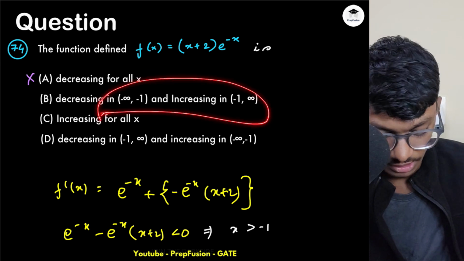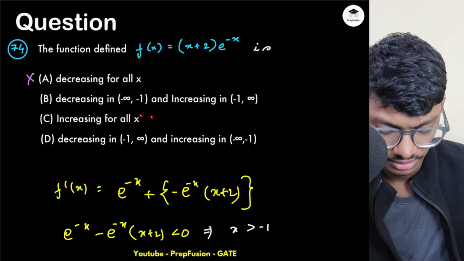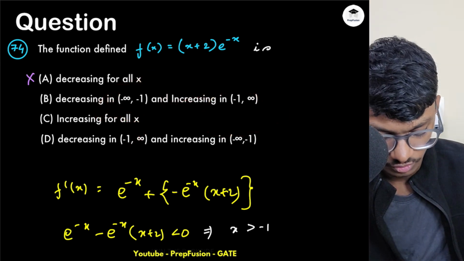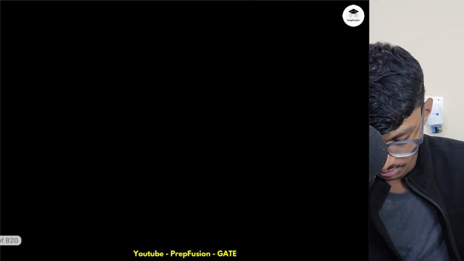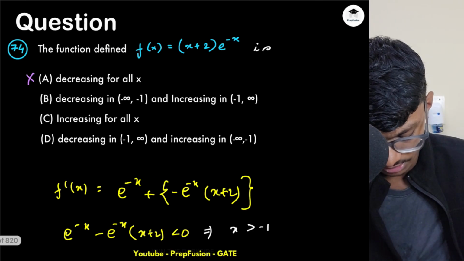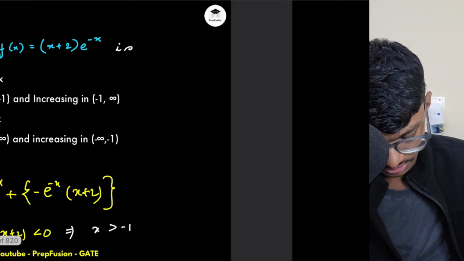What about my second option? Decreasing in minus infinity to minus 1 and increasing in minus 1 to plus infinity. So for that I have to check f dash of x greater than 0. So again, only the inequality will change this time.